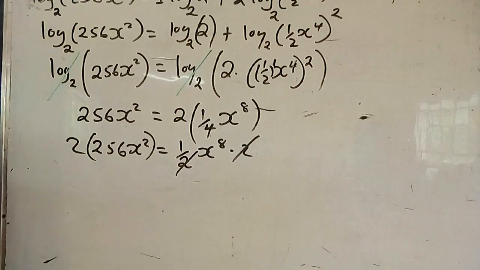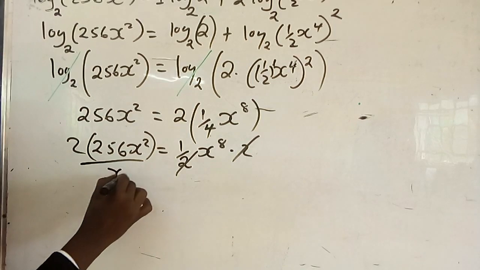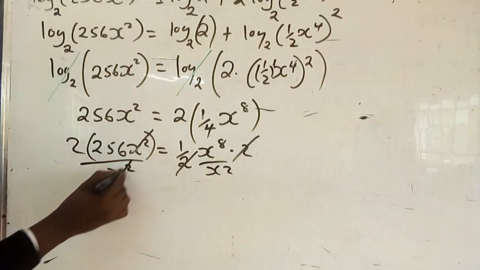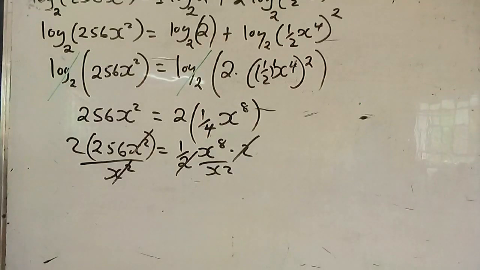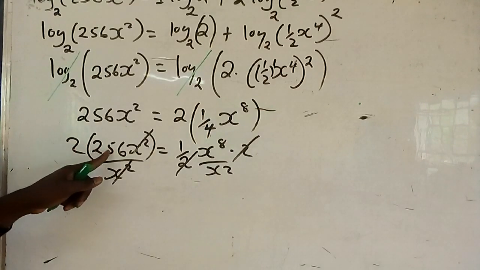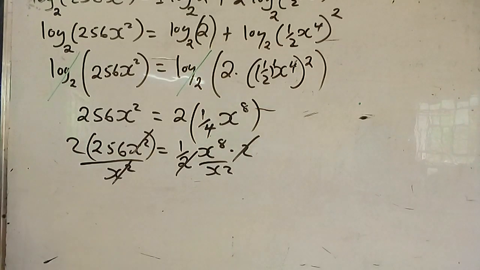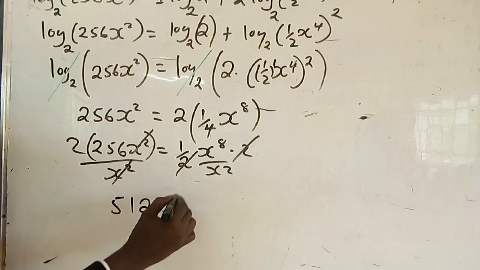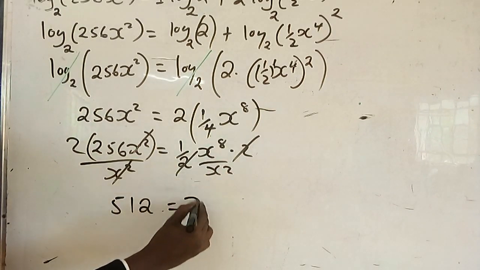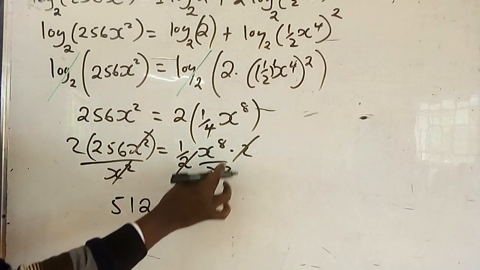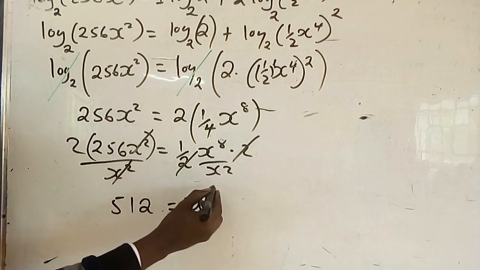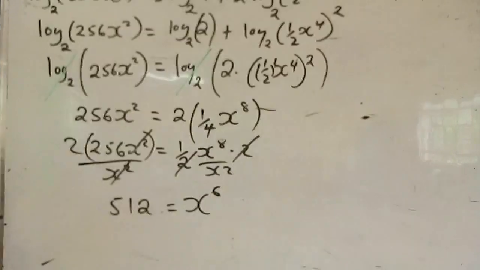Then after multiplying both sides by 2, we divide both sides by x squared to get rid of this x squared, isn't it? Are we together? So what are we left with this side? 2 times 256, which is 512, to be equal to x raised to power 8 divided by x raised to power 2. Same base with the division sign, you subtract the powers, isn't it? 8 minus 2, you get x raised to power 6.